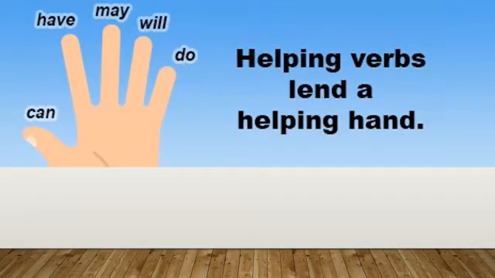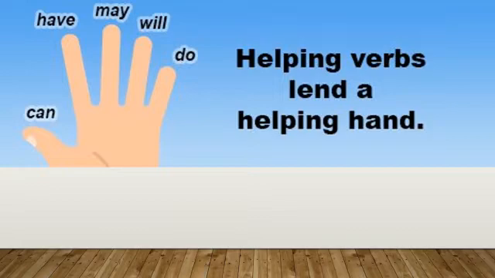Helping verbs lend a helping hand. Not only that, helping verbs are also called auxiliary verbs. Now, helping verbs help the sentence to complete its sense. Sentences give the meaning with the help of helping verbs. It also tells the tense of the sentence.